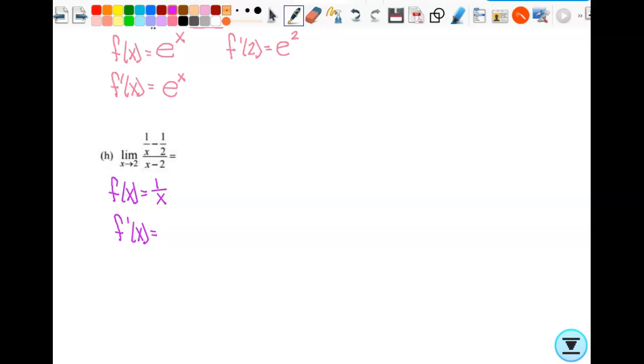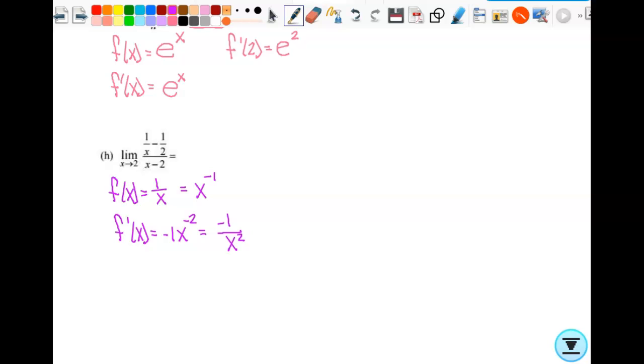What would you do here? You can work this 2 different ways. Could you use the quotient rule? Yes. Is there another way we can do it? We rewrite it. I'd rewrite it as x to the negative 1. So this becomes negative 1 times x to the what? Negative 2 power, which is negative 1 over x squared.